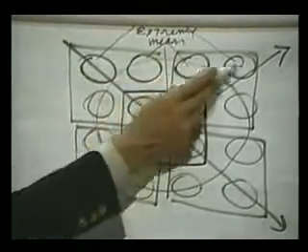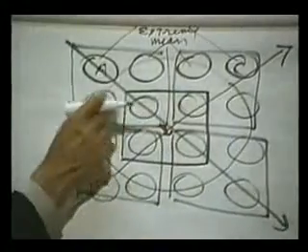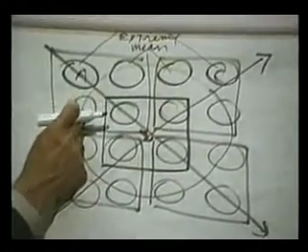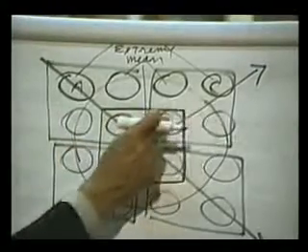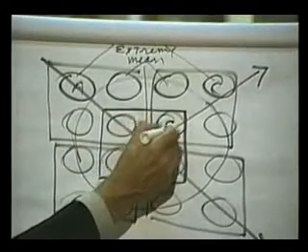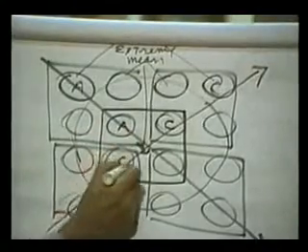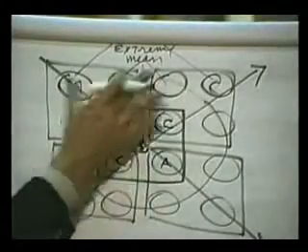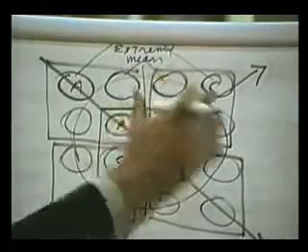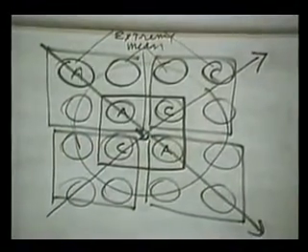A is to B as B is to C. B is to A as C is to B. Therefore, the mean terms become the extreme terms become the mean terms become the extreme terms in these two transformations.